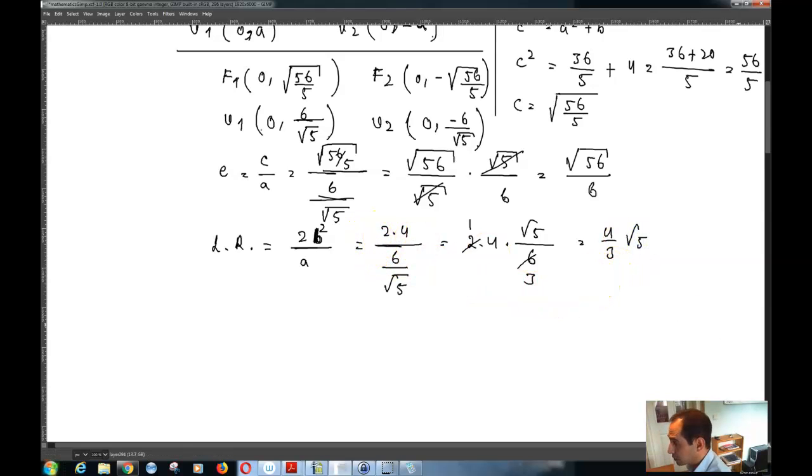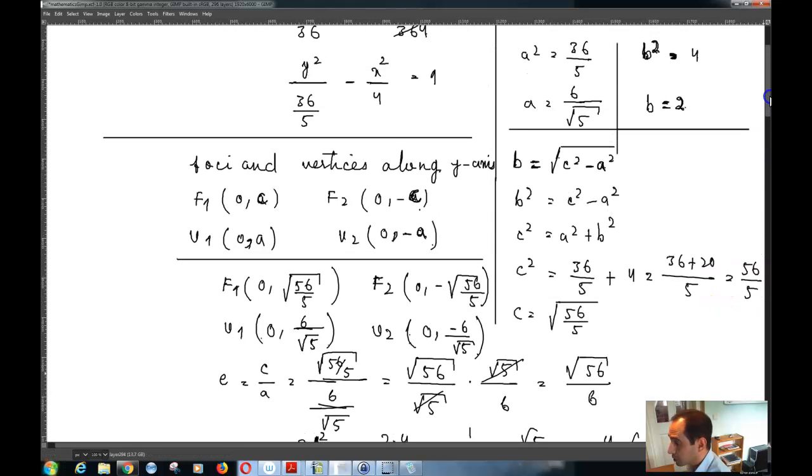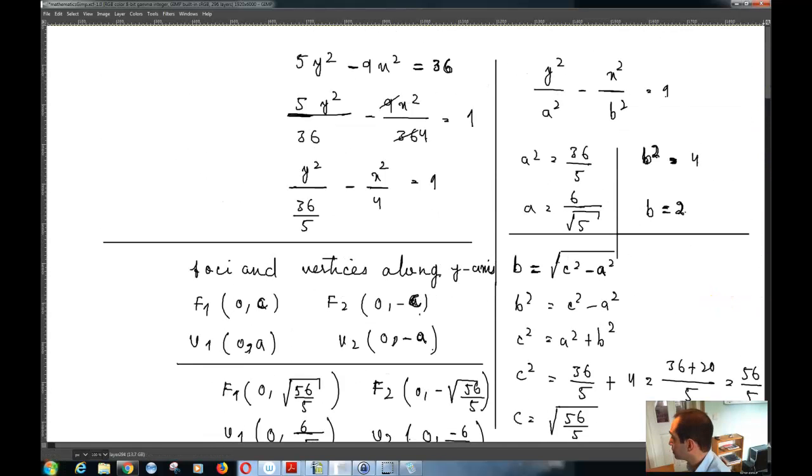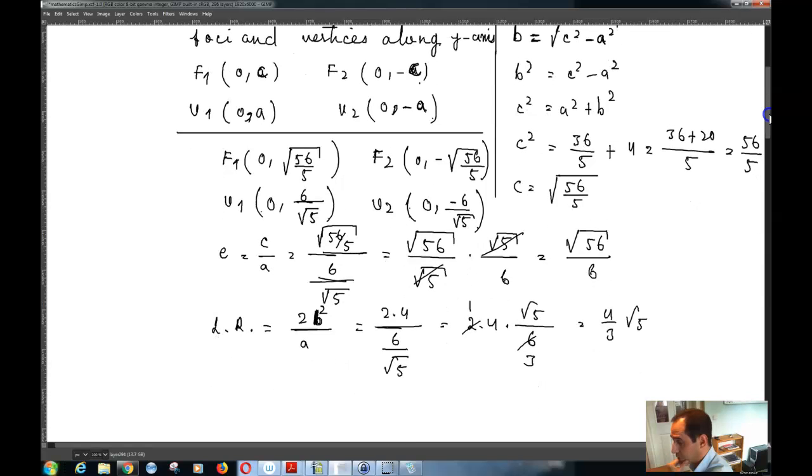Now these answers most probably will not agree with what we have in the book as the right answers. For example, the length of the latus rectum over here I've got at 4/3 square root of 5, which is not wrong. The eccentricity I've got at square root of 56 over 6.